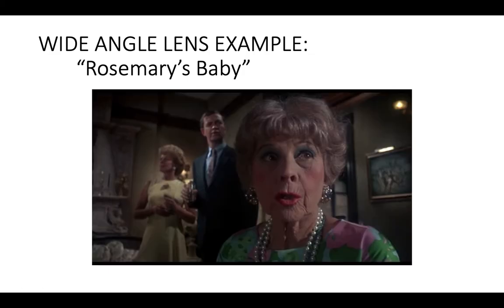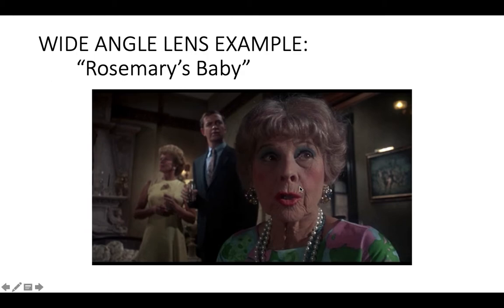Here's another example of why Polanski would use the wide-angle lens in this film. Here we have the character of Minnie. Minnie, of course, will turn out to be a worshiper of Satan, right? And here she is in the frame, looming larger than life, looking almost demonic with this insane makeup that she has.